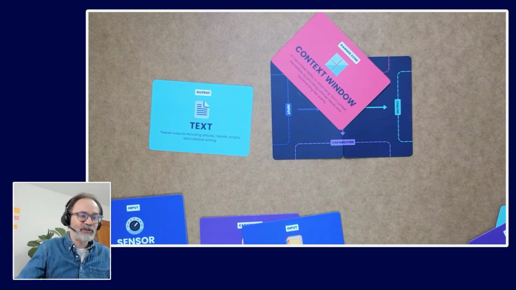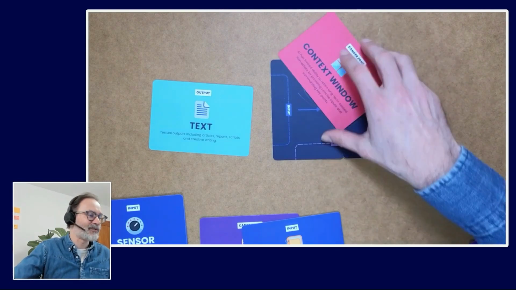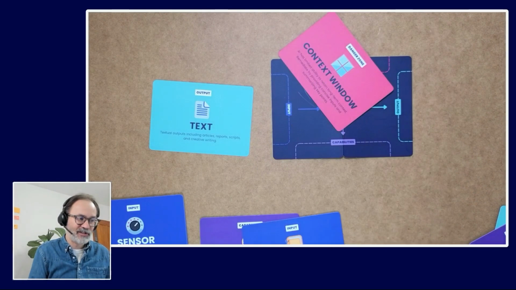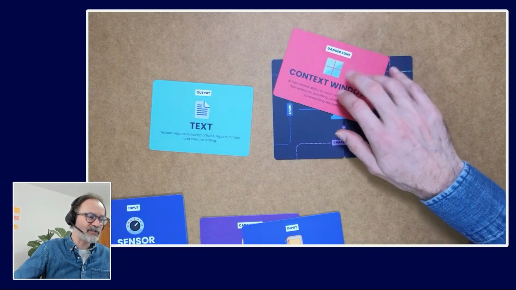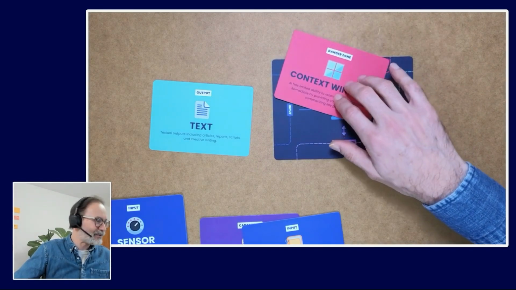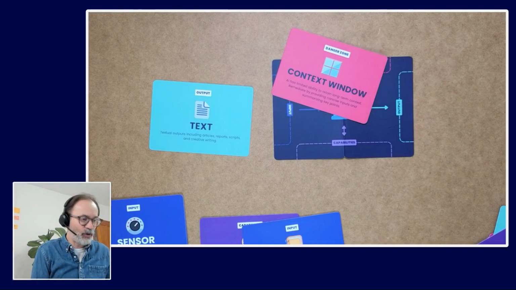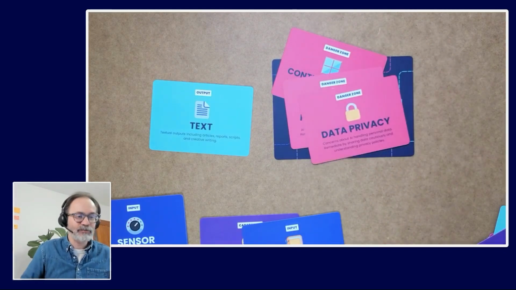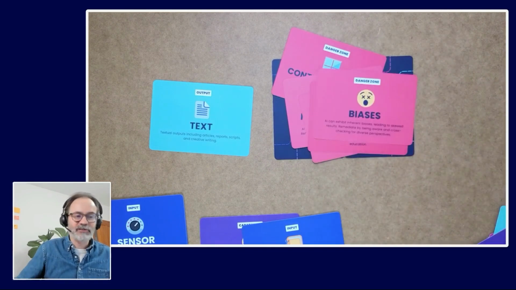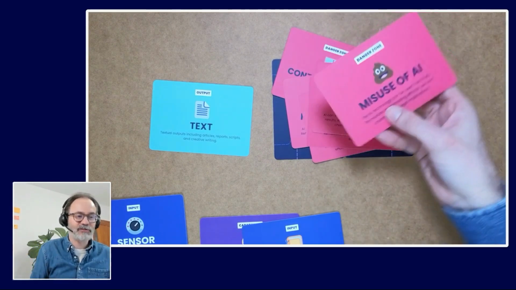This way, the concept sticks because it's on the table and they won't forget it until the end of the workshop. They're going to say, if we put our document, it's too big, it's going to be over the context window, and they're going to have the conversation. So all these cards, I don't present them all, but I have them as backup depending on the kind of conversation. I like this one too.